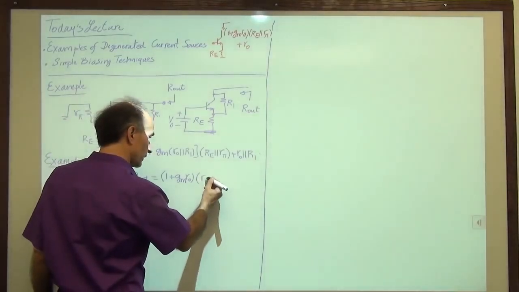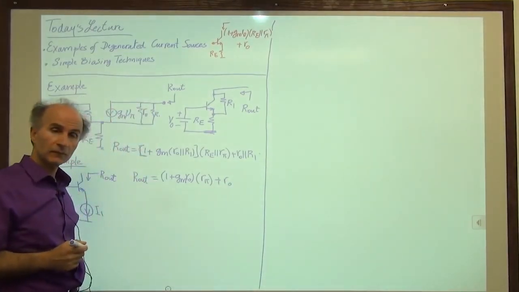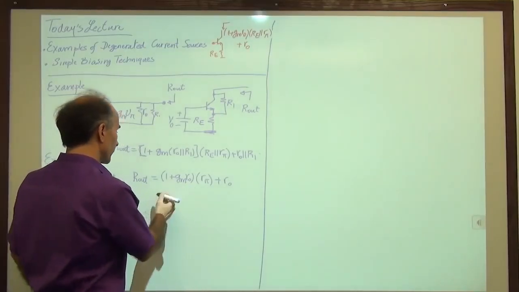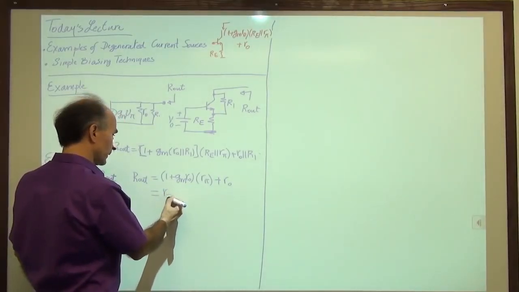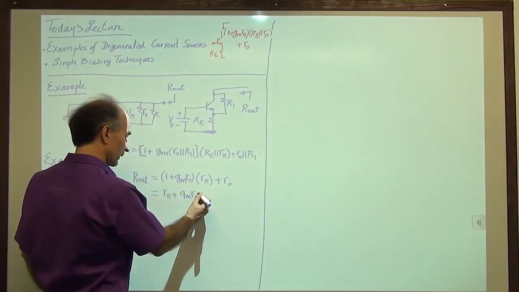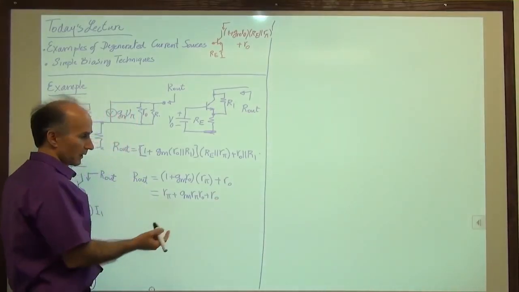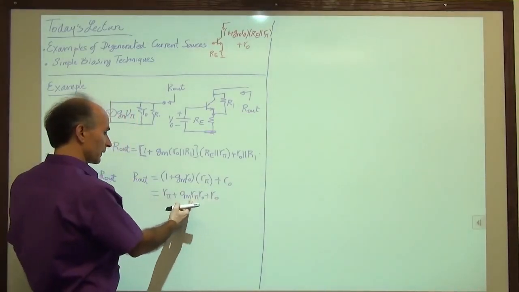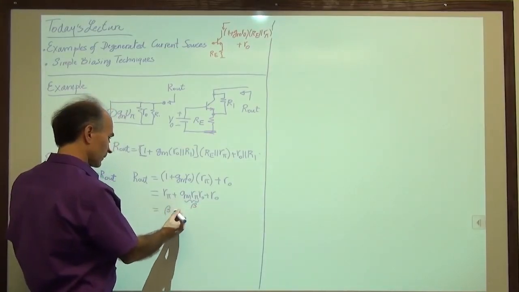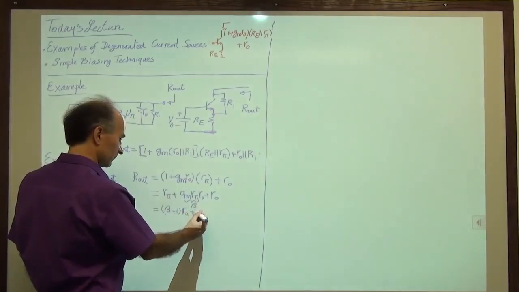So we have R pi, and then we have RO. All right. Now, if we multiply this out, we get R pi plus GM R pi RO plus RO. And sometimes we group these because GM R pi is just beta. So we can write this as beta plus 1 times RO plus R pi.